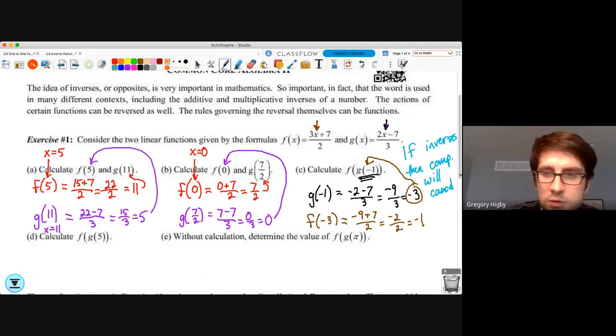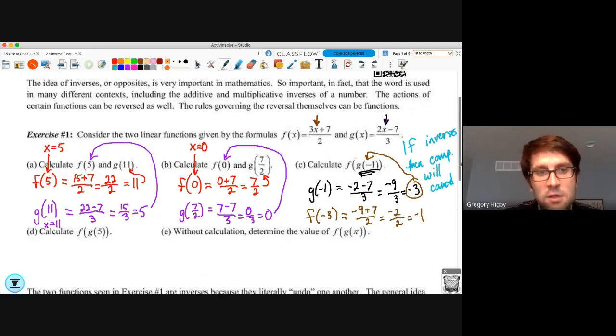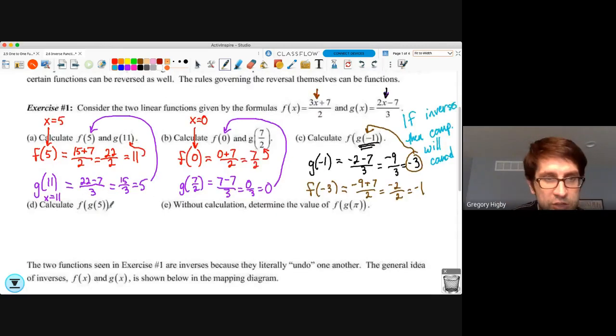So as I move to letter D, you might be making a conjecture. You might be thinking, okay, well, if this is really true, I should get an answer of exactly 5. Well, let's see. I haven't used orange yet. Let's start by doing g of 5. What's inside the parentheses? Well, 2 times 5 is 10.